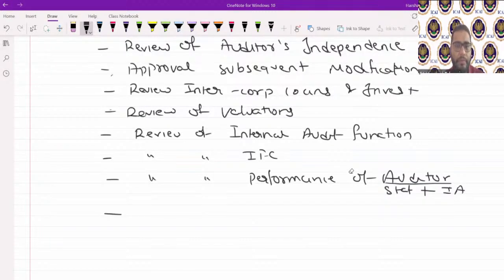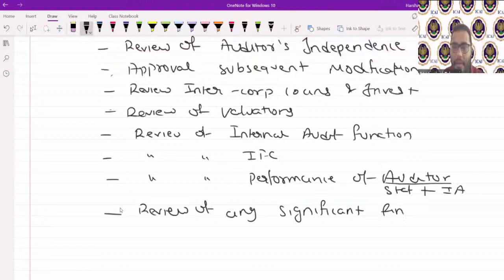Then review of any significant findings by statutory auditor.